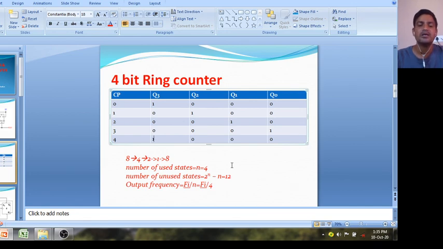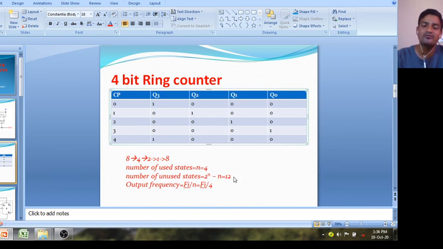So you have to remember, total states will be 2 to the power n, where n is the number of flip-flops used. So what will be the number of unused states? Unused state is nothing but total states minus used states. What is total states? 2 to the power n, and total used states is n. So formula will be 2 to the power n minus n.